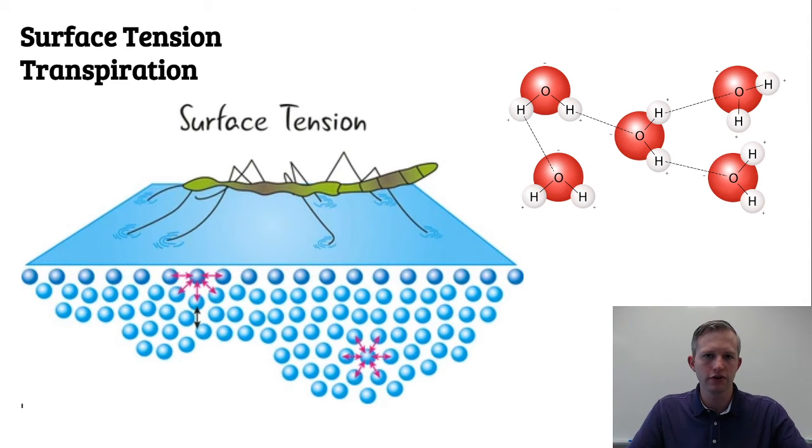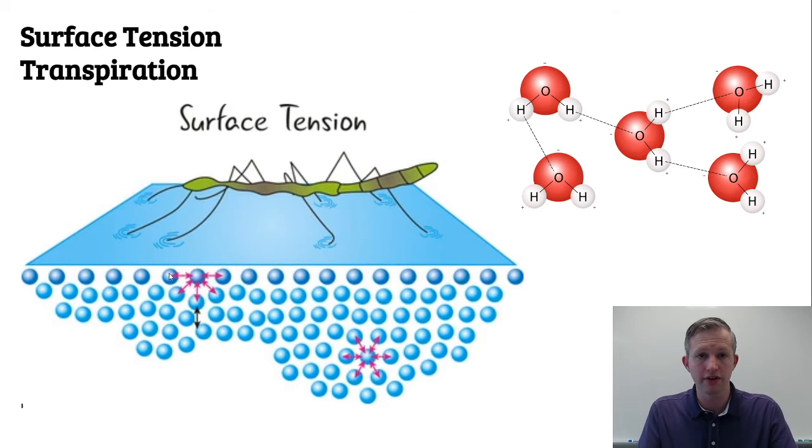Of course, if you go try and walk on water, we have enough weight that it just pushes the water apart, no problem. But things that are very, very light, like a paperclip or a leaf or a stick bug, can actually sit on top of the water, again demonstrating this surface tension.